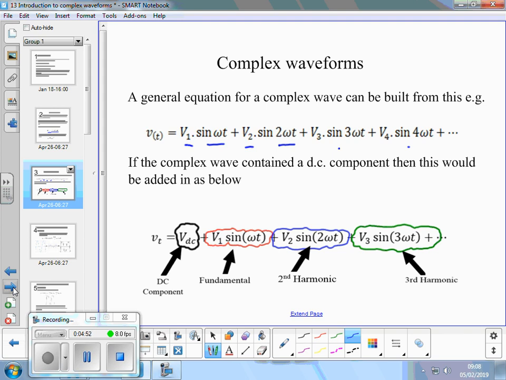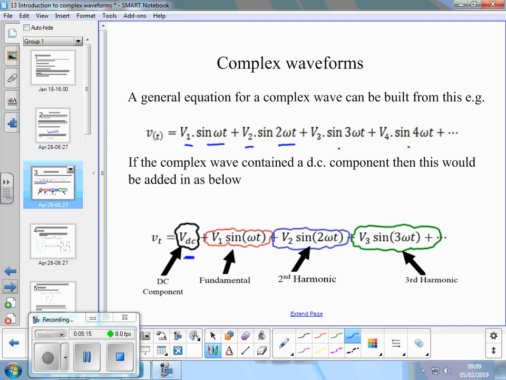And then, what you can have also in a complex waveform is a DC component that goes at the beginning.